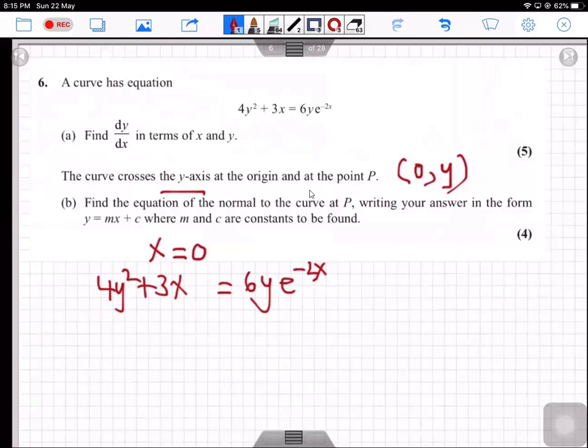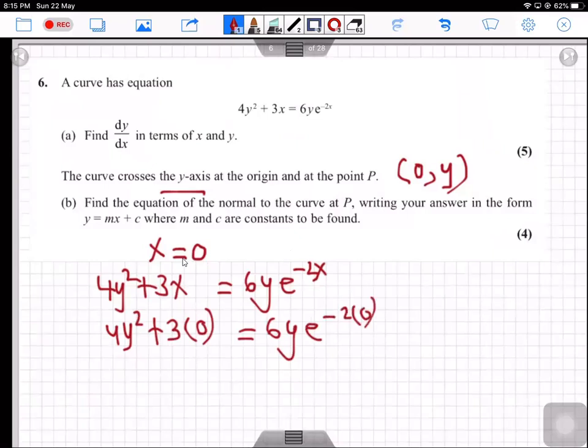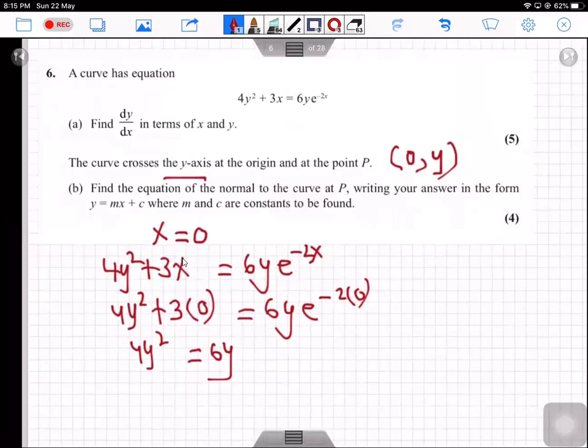My intention is to find the corresponding coordinate of y when x is equal to 0. So 4y square plus 3 times 0 is equal to 6y multiplied by e raised to the power minus 2 times 0. So 4y square is equal to just 6y, because e raised to the power 0 is 1. So 4y square minus 6y will be equal to 0.